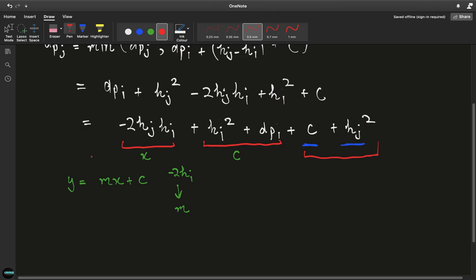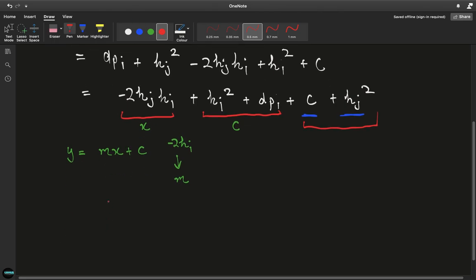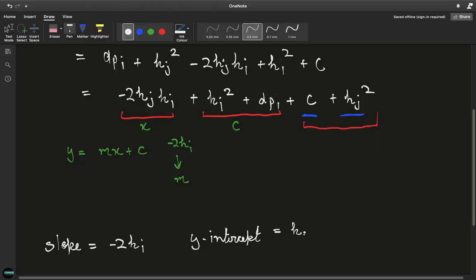And as we saw, the slope is minus 2 into h of I, and the y-intercept is h of I square plus dp of I. And since it has dp of I, that means we'll be calculating dp of I before actually inserting the line.